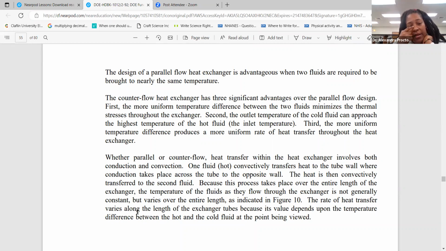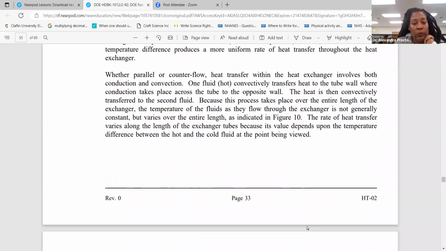It varies over the entire length, and that's indicated in the figure below. The rate of heat transfer varies along the length of the exchanger tubes because its value depends on the temperature difference between the hot and the cold fluid at the point that you're looking at.